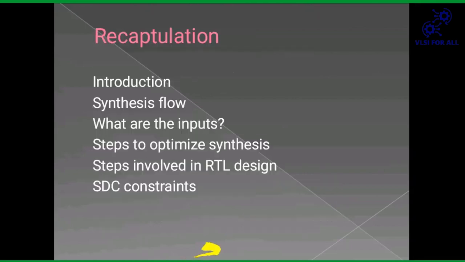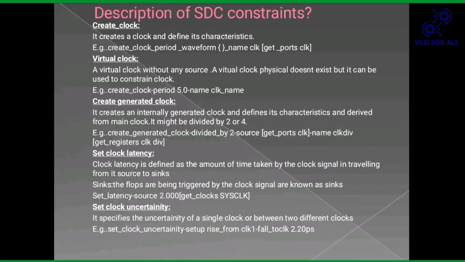Here the clock will have a rise and fall, right? Here we mention the rise of the clock, from where it is rising, and from where it is falling, at which particular nanosecond it is falling, and we have to mention the clock period. So that is how we write a command for the set clock uncertainty.